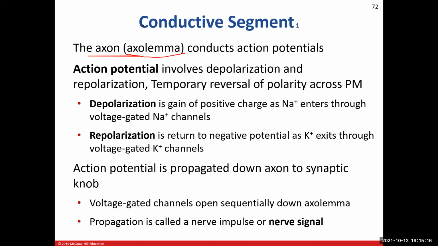It's like dominoes. When you stack them up and then you push them down, that's how this works. You get the sequential opening of these voltage-gated channels all the way down the entirety of the axolemma. And that will generate that action potential, which we call a nerve impulse or nerve signal.